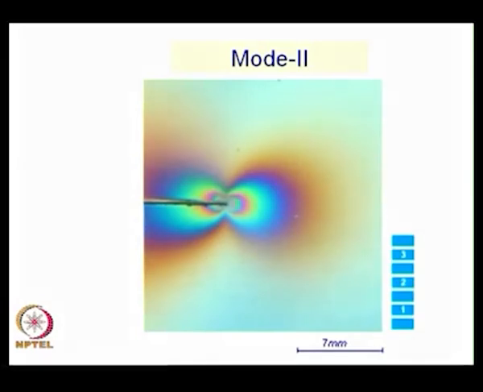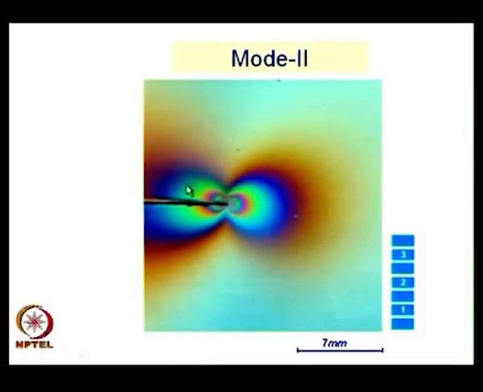Now, we move on to investigating what is the kind of stress field that I get in an experiment for a mode 2 situation, and how does the Westergaard solution compare with it. You have already made a sketch of this in one of your earlier classes.